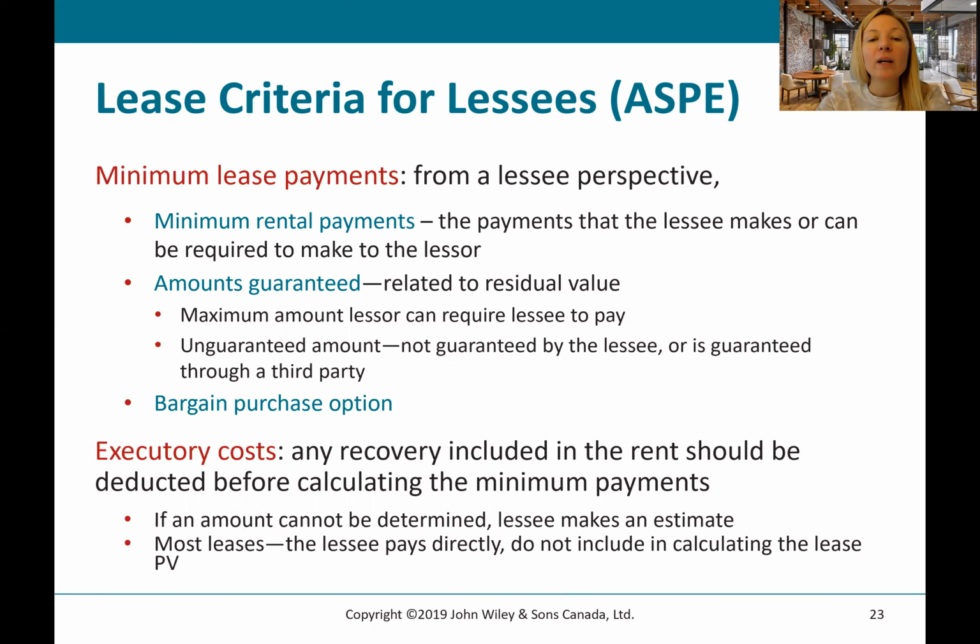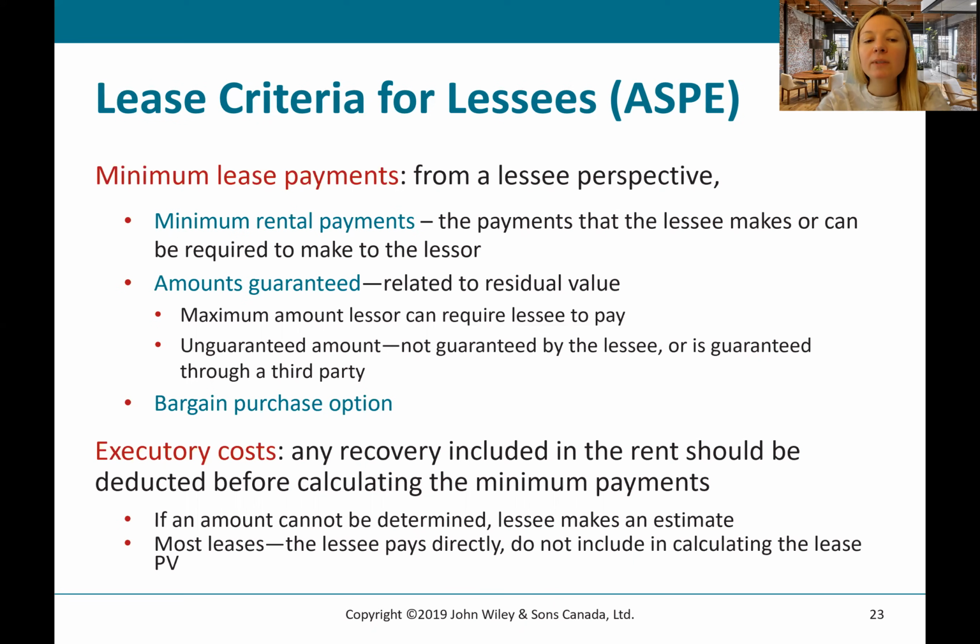Executory costs are any recovery included in the rent for things like operating costs or fixing the light bulbs or painting the building, whatever those costs are. Anything included in the rent payments needs to be deducted before we calculate the minimum rent payments.